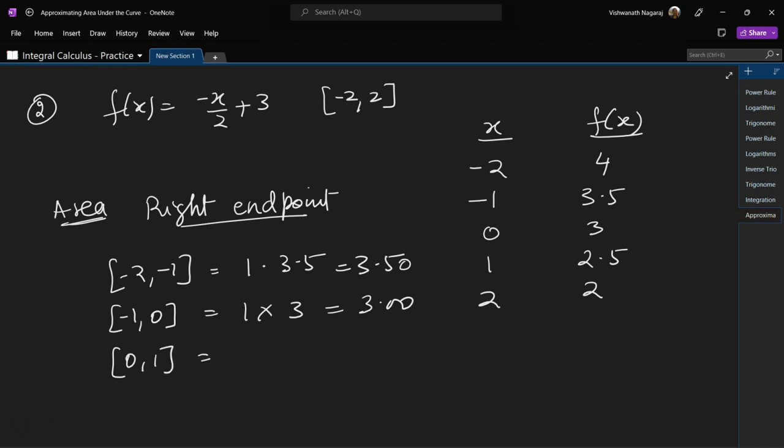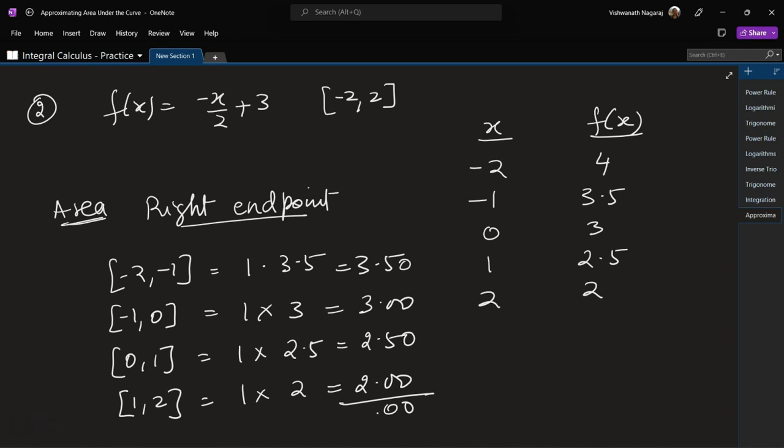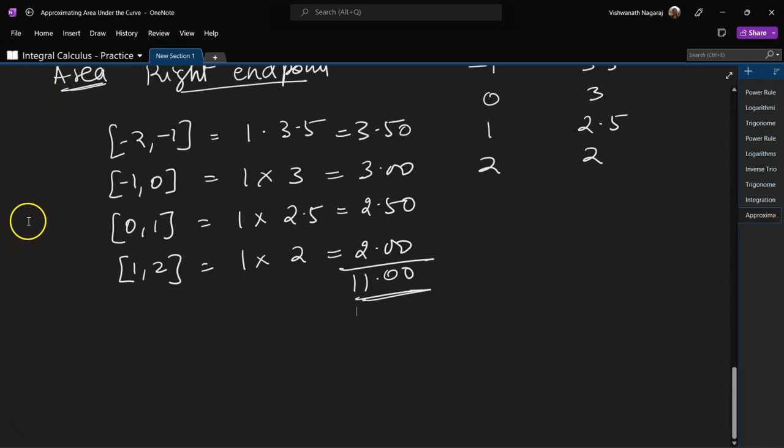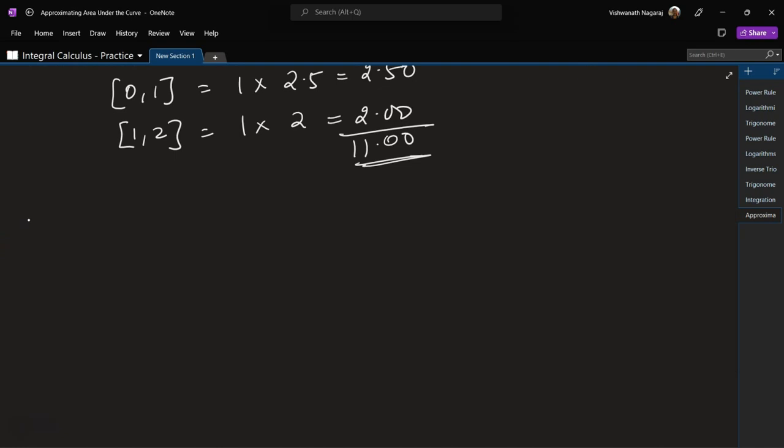From 0 to 1 will be 1 times 2.5, which would be 2.50. And from 1 to 2, it will be 1 times 2, which would be 2.00. And if we add it all up, we get 11. So 11 square units will be the approximate area under the curve between minus 2 and 2.